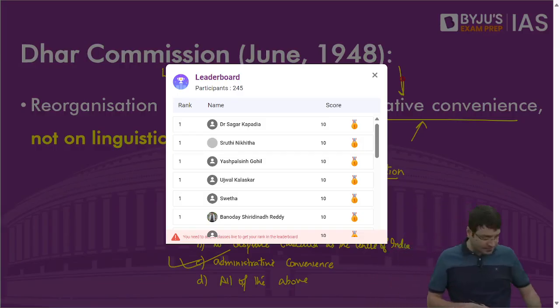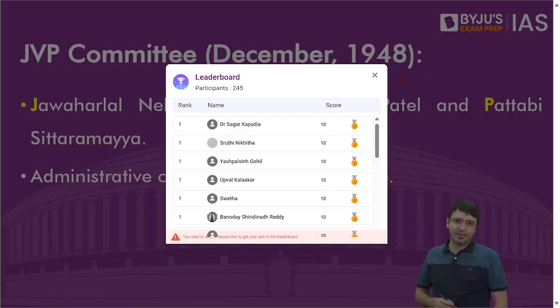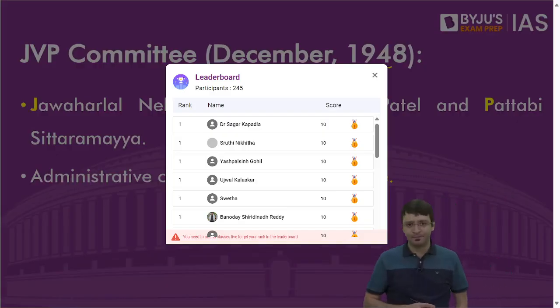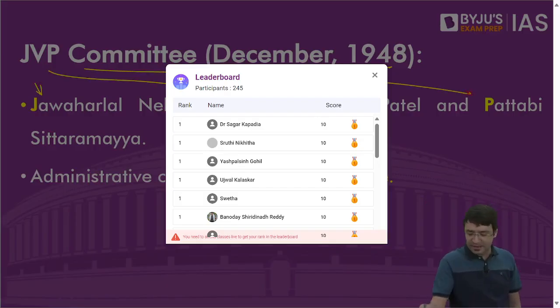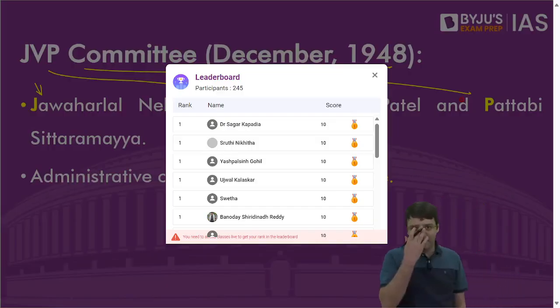A few months later, another commission was set up in December 1948, known as the JVP Committee. It is an acronym. J stands for Jawaharlal Nehru, V for Sardar Vallabhbhai Patel, P for Pattabhi Sitaramayya. These were the three individuals who were part of this committee. They had to decide, how do we reorganize this country?